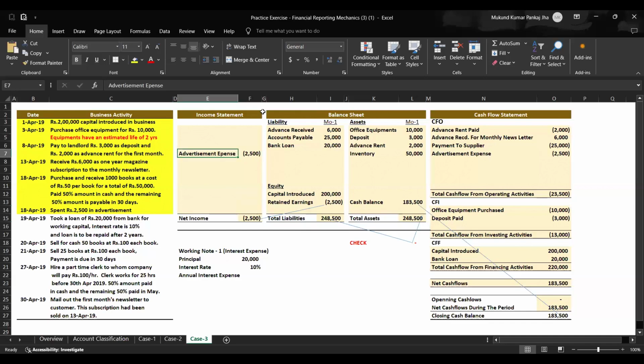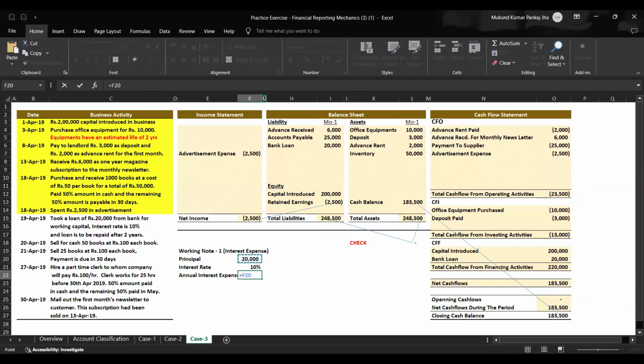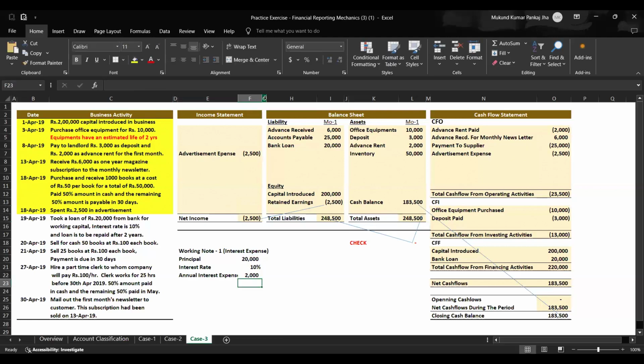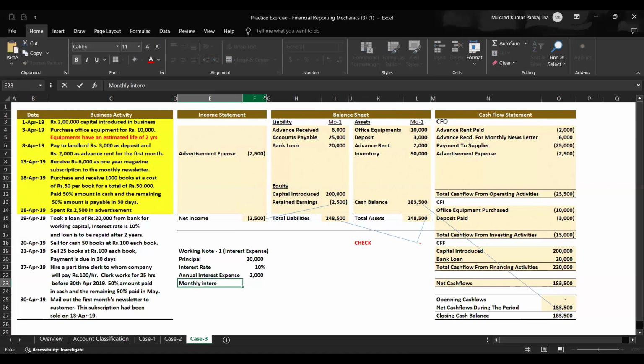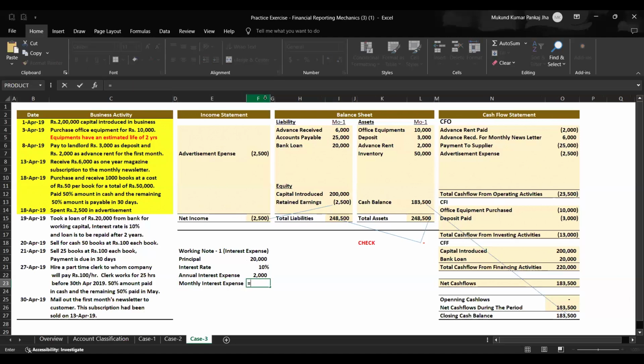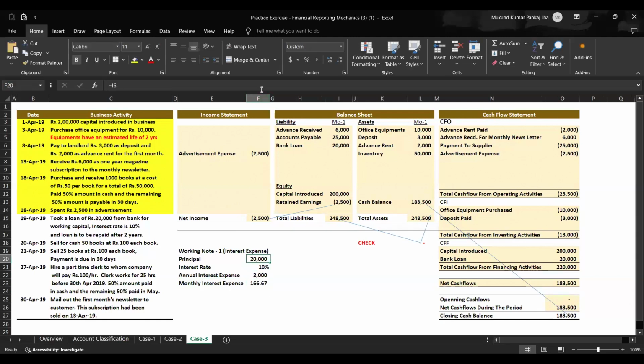So advertisement expense is nothing but marketing expense, right? So advertisement expense is a part of income statement. Principal into interest rate will give me annual interest expense for 1 year. But since this is for 1 month, we have to calculate monthly interest expense. That would be this divided by 12. So this is the monthly interest expense.